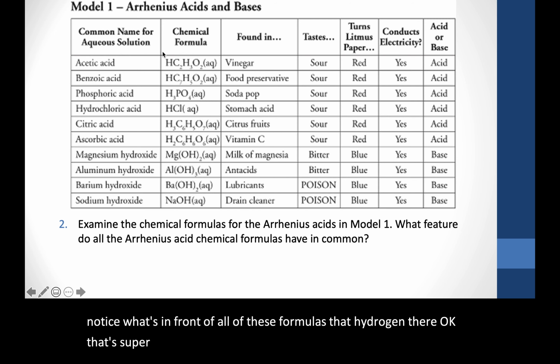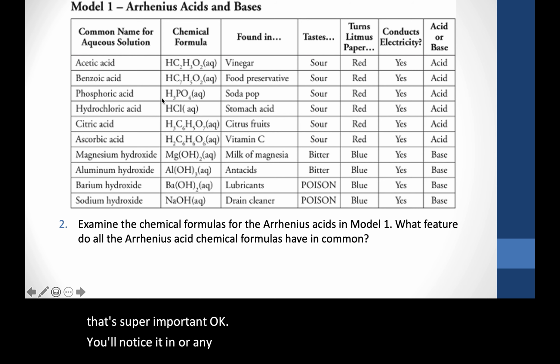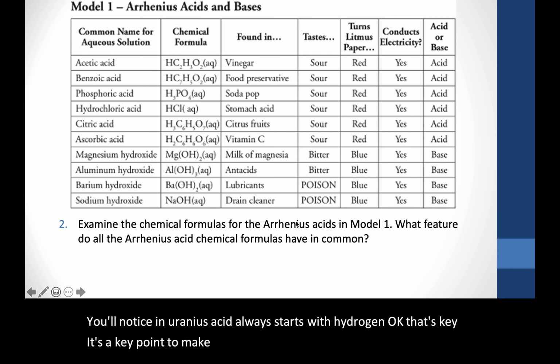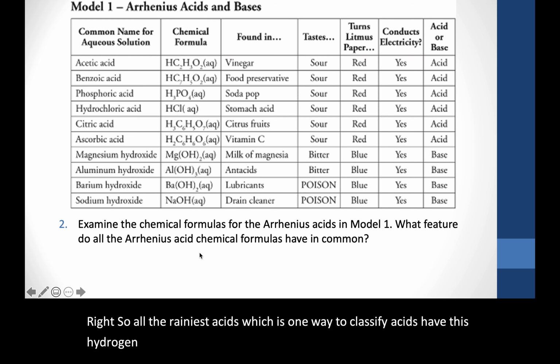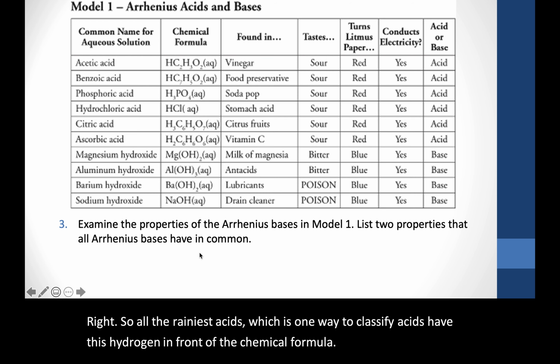An Arrhenius acid always starts with hydrogen. That's a key point, so make sure you got that one. All the Arrhenius acids, which is one way to classify acids, have hydrogen in front of the chemical formula.